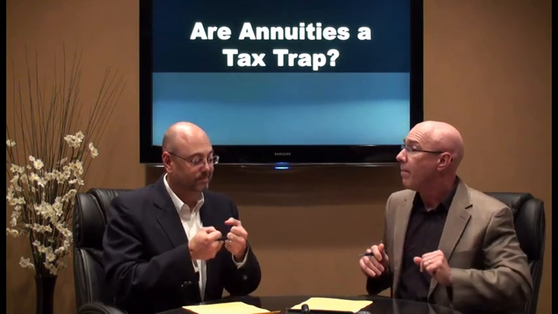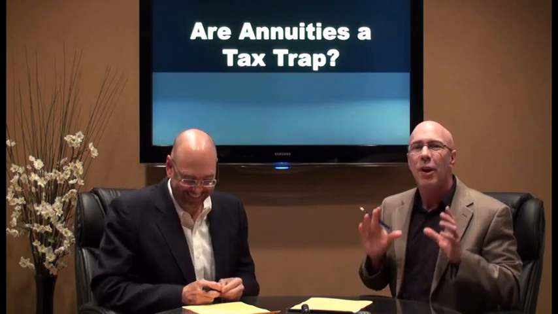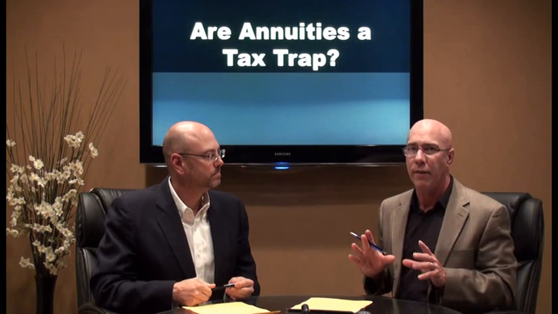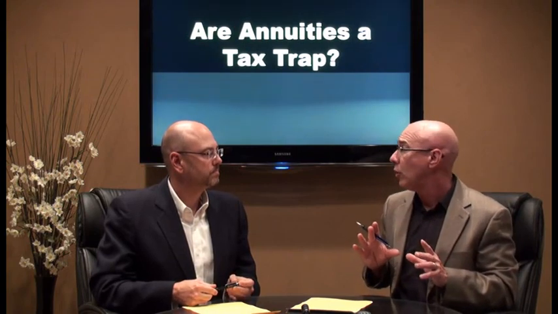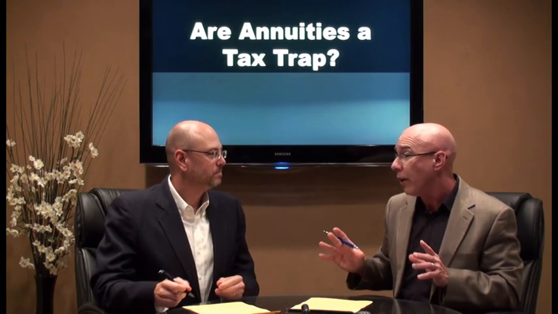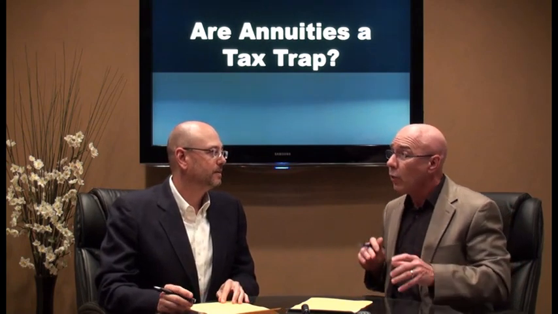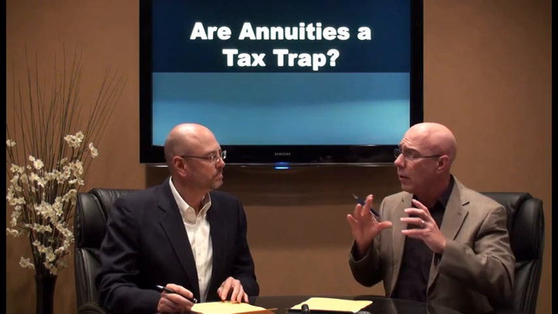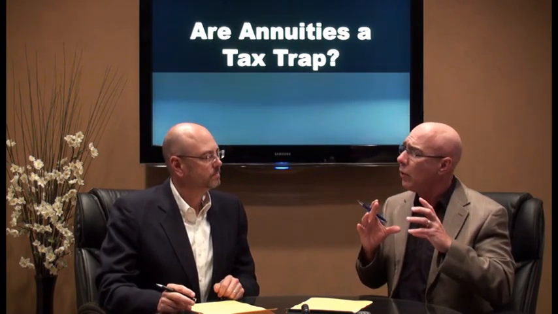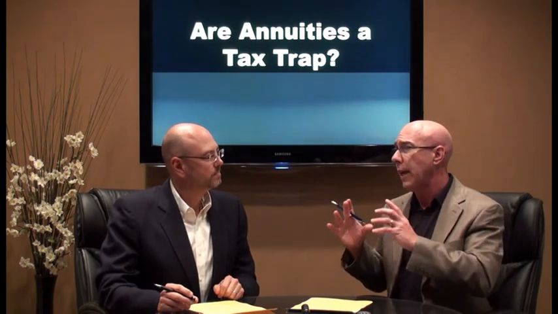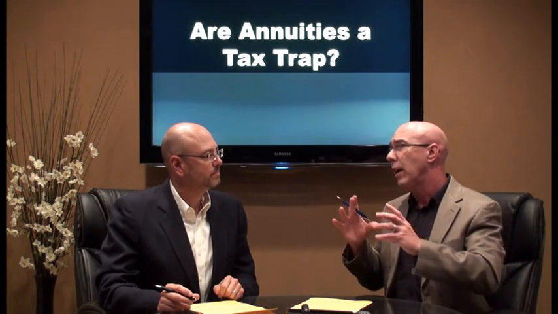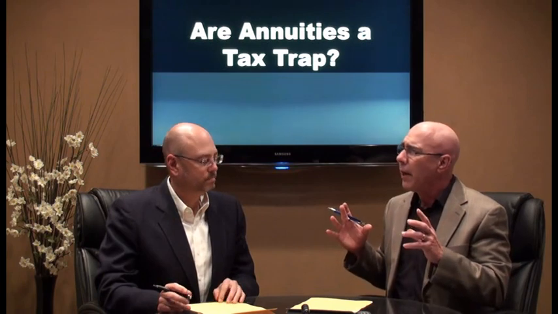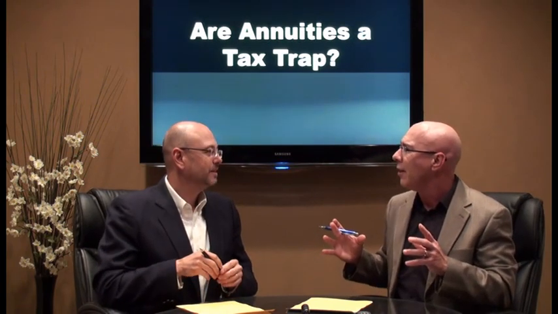However, there are so many ways, folks, to structure an annuity for great estate advantages. One way is the stretch IRA, which works very well. Another way is an estate planning carve-out, where you take the portion of the annuity that you really want to go on to the heirs, carve that out and use it as a Roth. There are several advanced techniques that can be used, but we'll get into that maybe in another video.